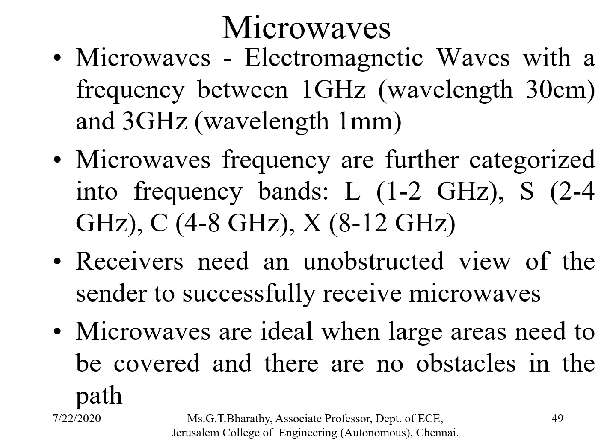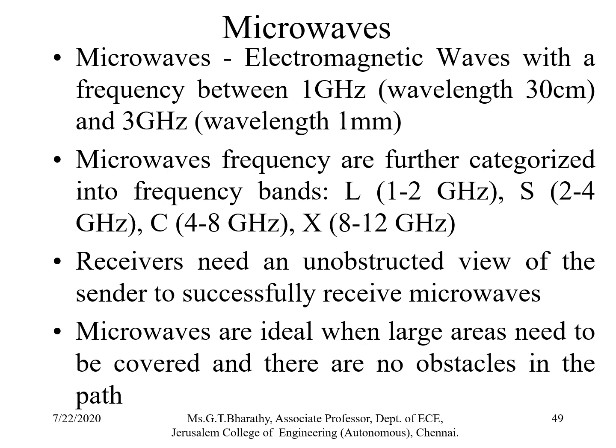So next we will move on to microwaves. Microwaves are electromagnetic waves with a frequency between 1 gigahertz, that is a wavelength of 30 centimeters, to 300 gigahertz, which will have a wavelength of 1 millimeter. Microwave frequencies are further categorized into frequency bands L, S, C and X, where L is from 1 to 2 gigahertz, S is from 2 to 4, C is 4 to 8 and X is 8 to 12 gigahertz.